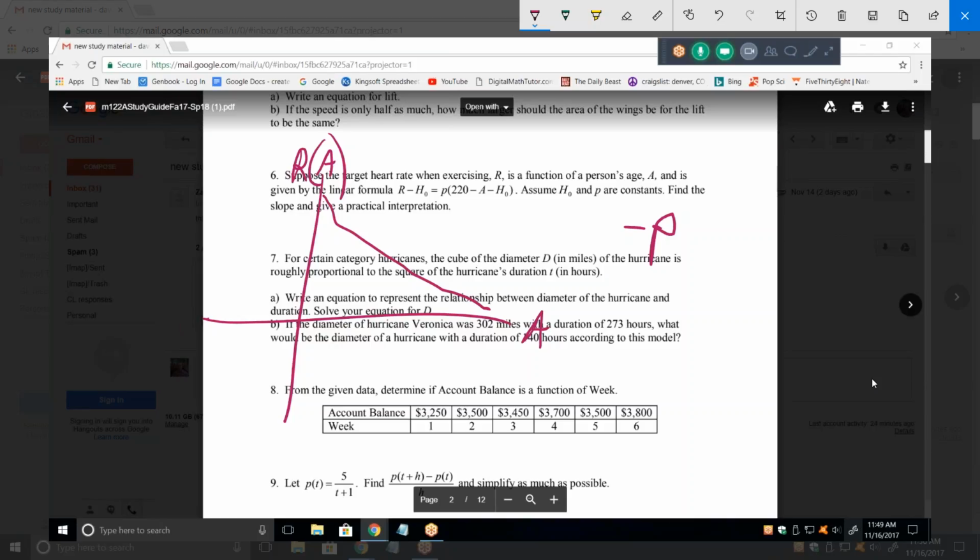That's what they're saying. This would have made a little bit more sense if they had said H sub O and P are positive constants, because just saying it's a constant, what if P was a negative number? Then negative P would be a positive number. But nonetheless, I think that's what they mean, is that H sub O and P are positive constants.